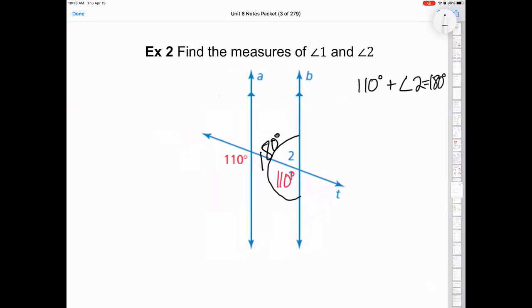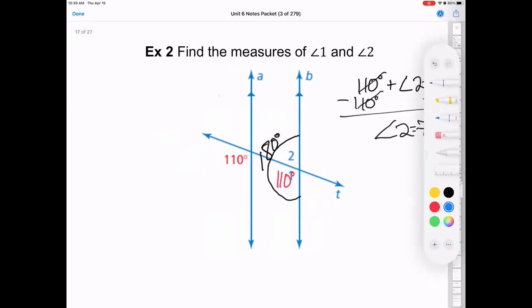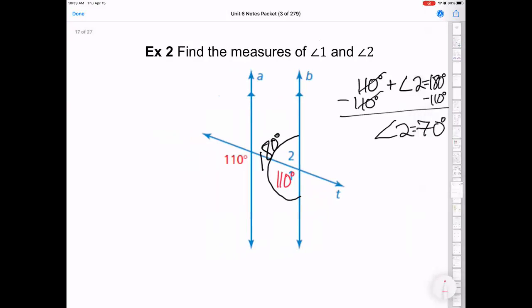And then it was suggested just subtract the 110 over. Cancel. Angle 2 we found to be 70 degrees. So angle 2 must be 70 degrees. Go ahead, feel free to pause the video if you have any questions at all.